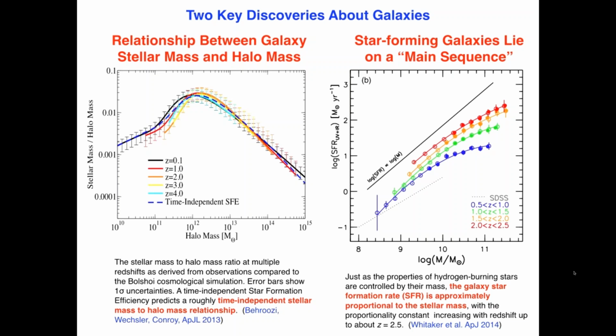In other words, going back to less than 2 billion years after the Big Bang. From then to now, not much change in the efficiency with which gas is converted into stars in galaxies with a given halo mass. Of course, the maximum efficiency occurs for galaxies around the mass of the Milky Way, around 10 to the 12th solar masses, total mass, mostly dark matter. And there, the stellar to halo mass ratio is about 3%.